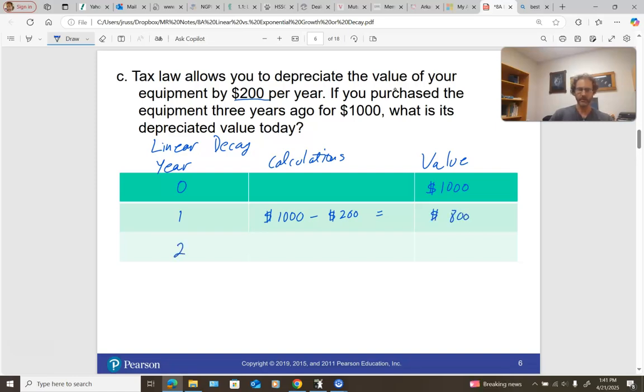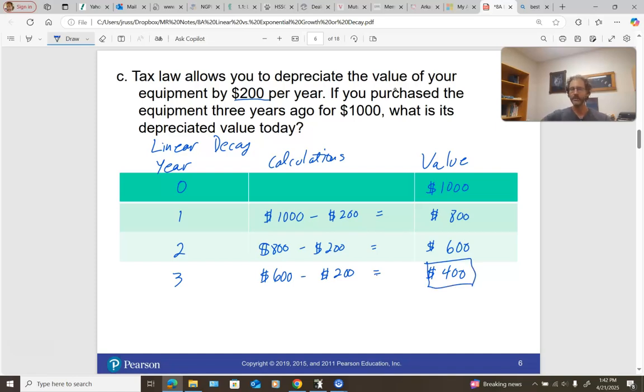And then after year 2, its current value, which is $800, depreciates $200 more, leaving you with the current value of $600. And then we repeat this process for that 3rd year, and it would just be $600 less $200. And so its final value, after 3 years worth of depreciation, is going to be $400.